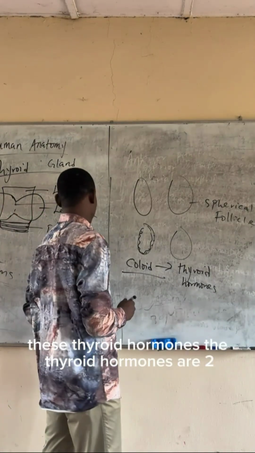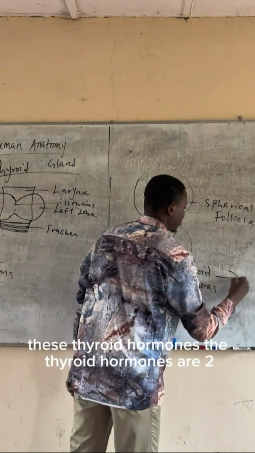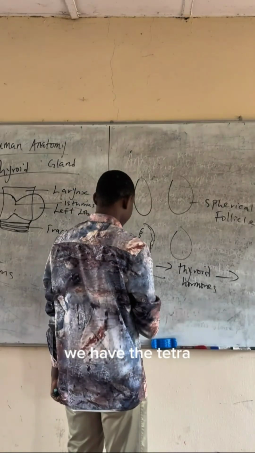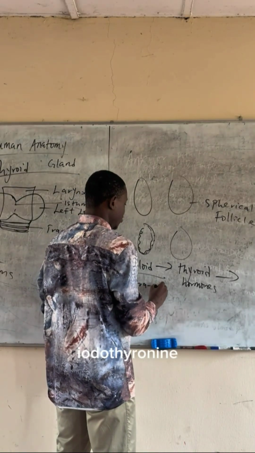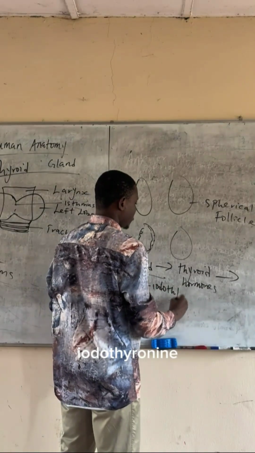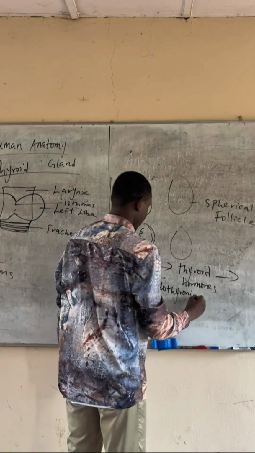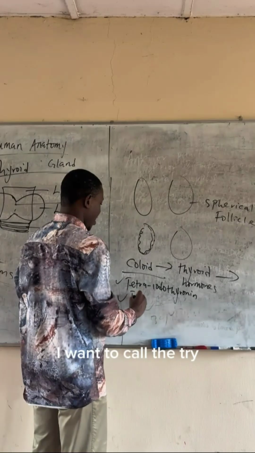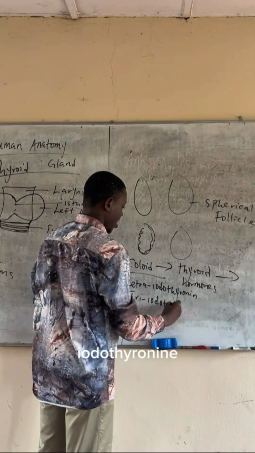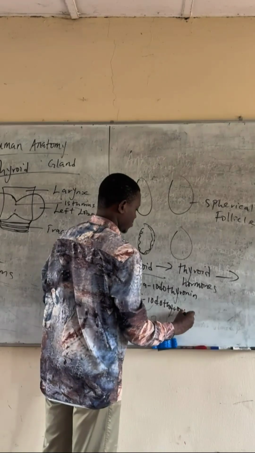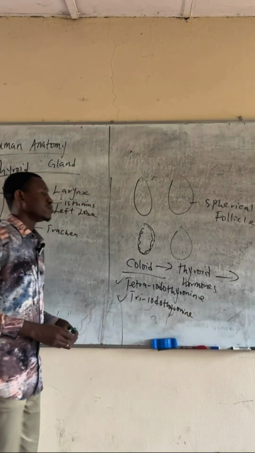These thyroid hormones are two: tetraiodothyronine and triiodothyronine.